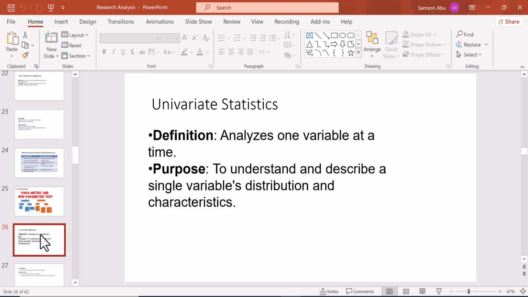I want to know how many are male, I want to know how many are female. So that is univariate. The purpose of univariate is to understand and describe single variable distributions and characteristics. Usually when you run your descriptive statistics, you do the univariate statistics.